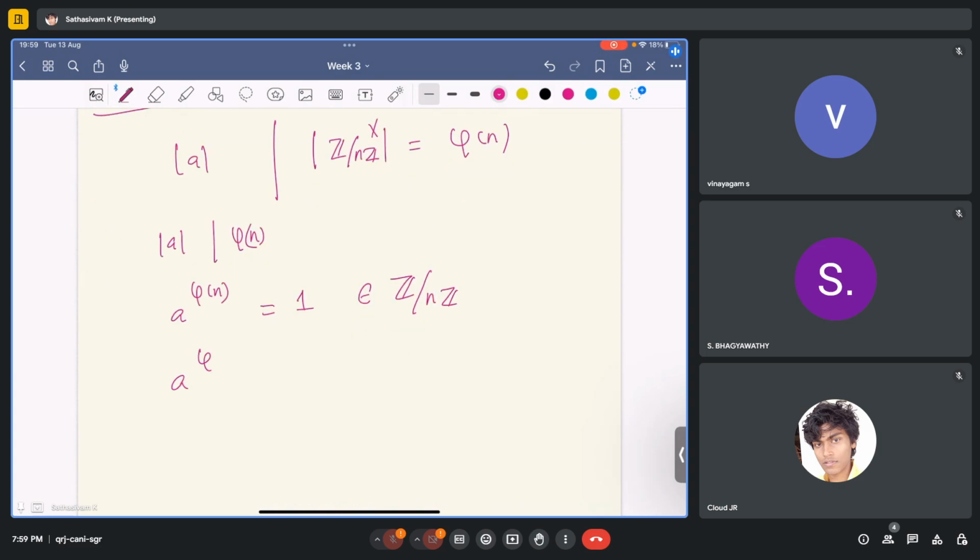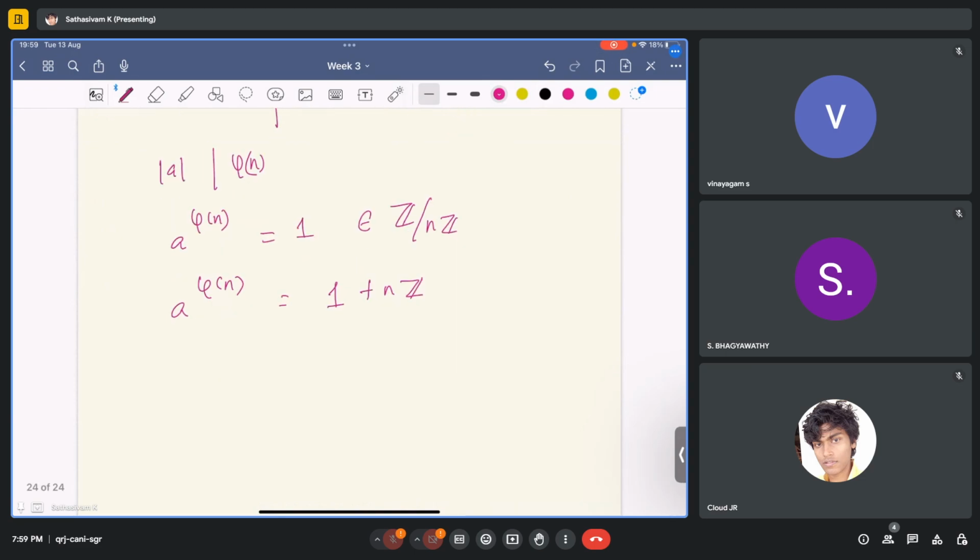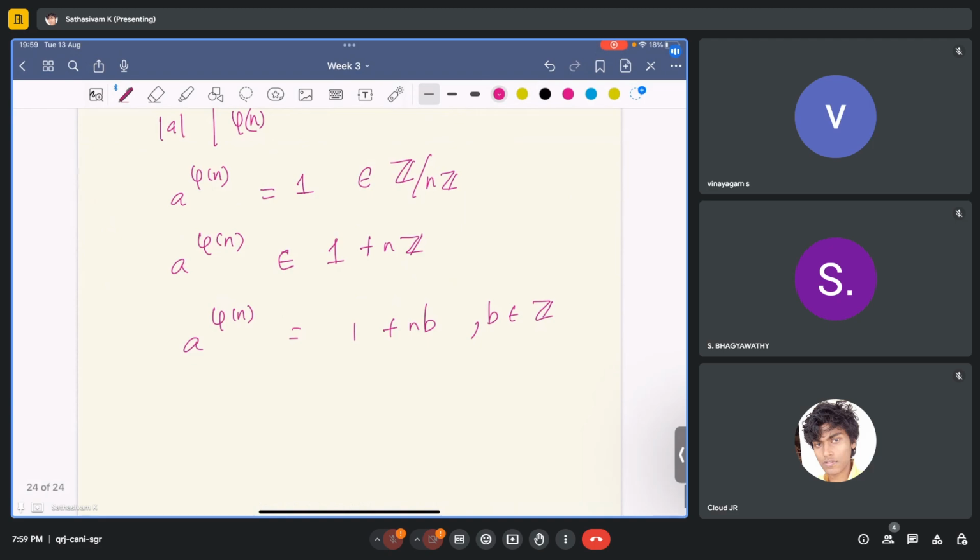That is, A power phi of N belongs to 1 plus NZ. That tells you A power phi of N is equal to 1 plus N times some other B or something. Now take mod on both sides. What you get is A power phi of N is congruent to 1 mod N. So that is Euler's theorem.